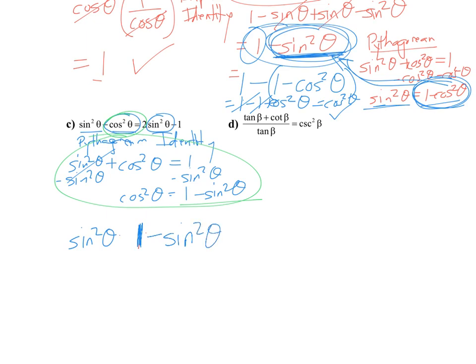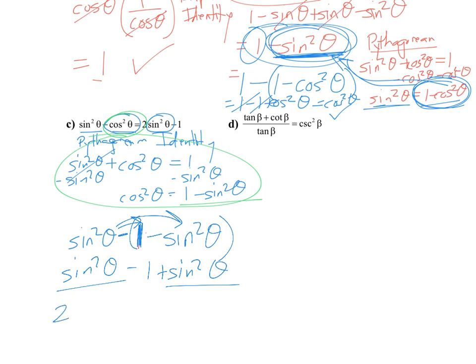And it's minus here, so don't forget to put parentheses. I'm going to have to distribute the negative now. I get sine squared theta minus 1 plus sine squared theta. Notice that I have like terms here, so it's just as if sine squared theta was replaced with an x. I have x plus x is 2x. Sine squared theta plus sine squared theta is 2 sine squared theta.